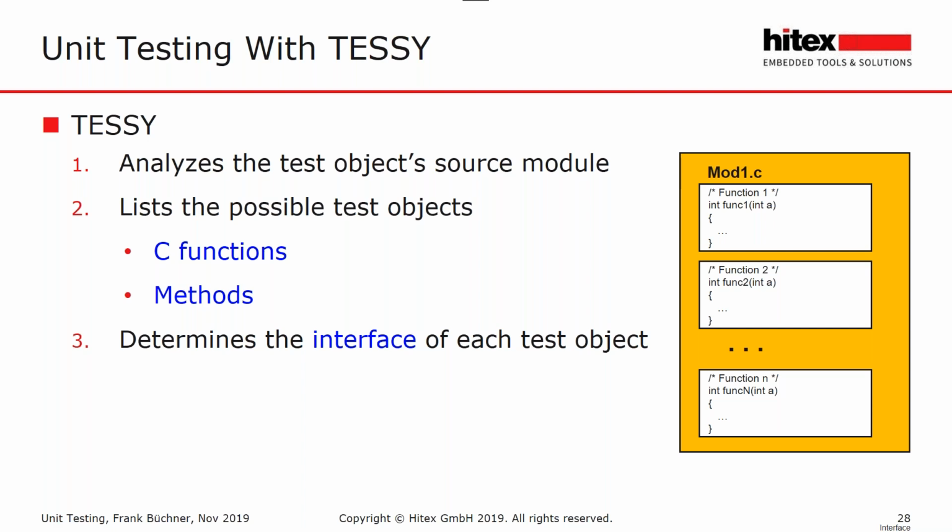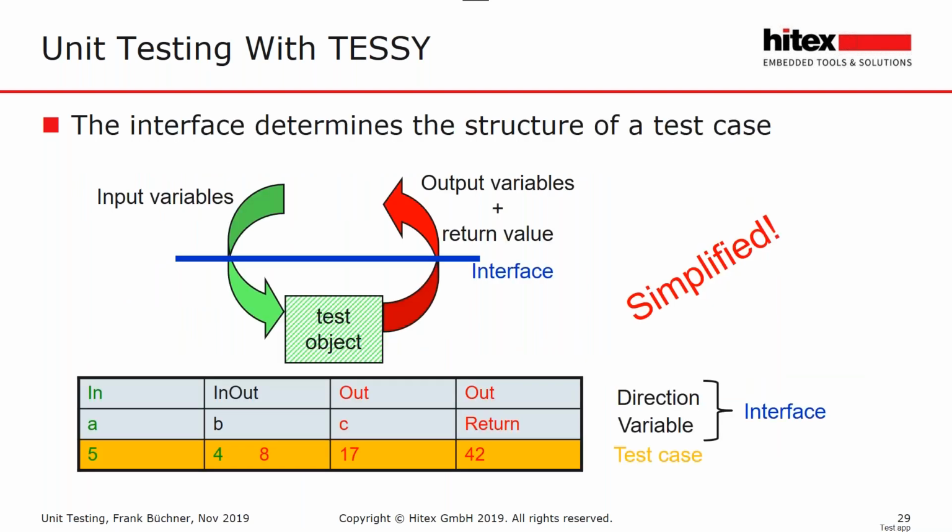But the important thing is that Tessy determines the interface of each test object. And you know already what the interface is. We have here a simplified version of it without called functions. And the table at the bottom displays a very simple interface. The first two lines in this table, which are shaded in gray, describe a very simple example interface.